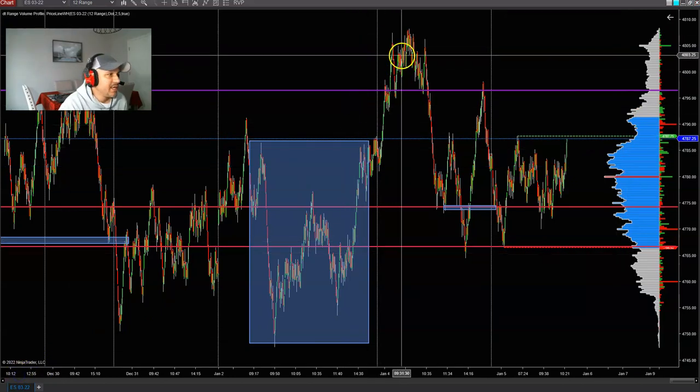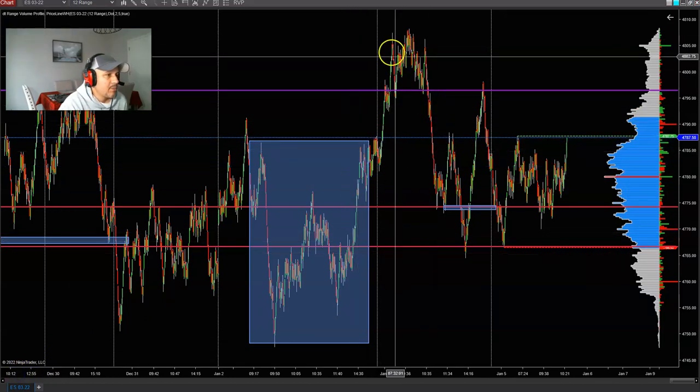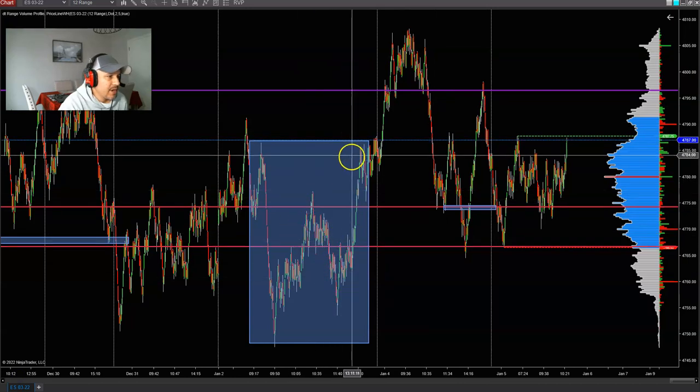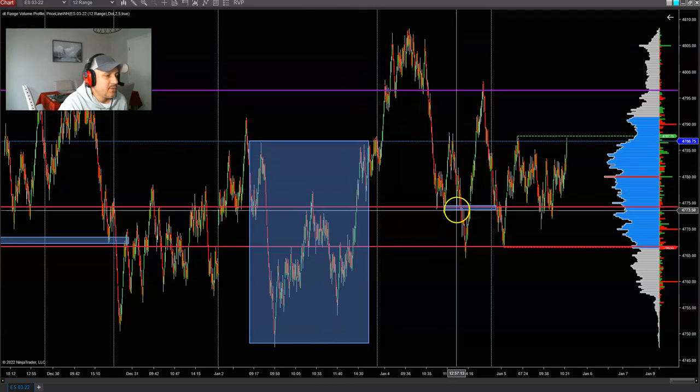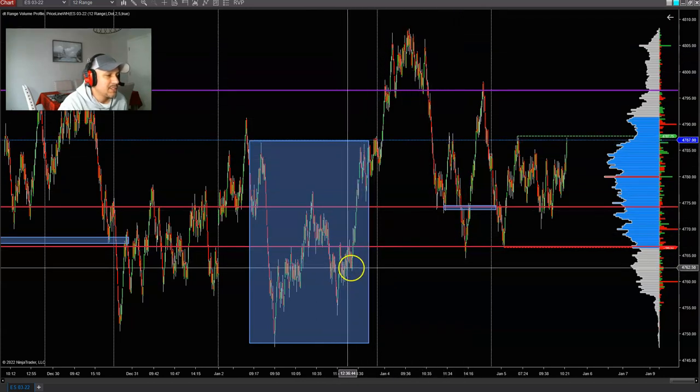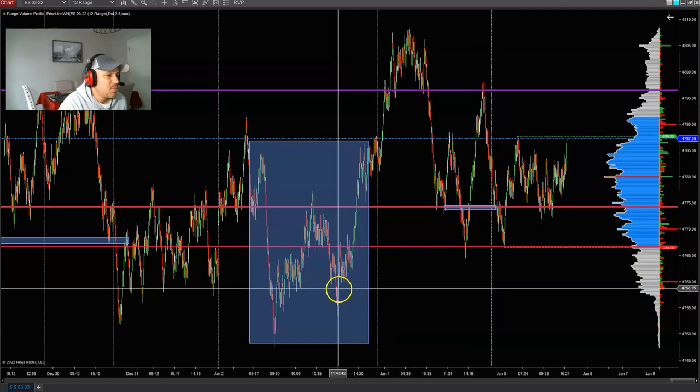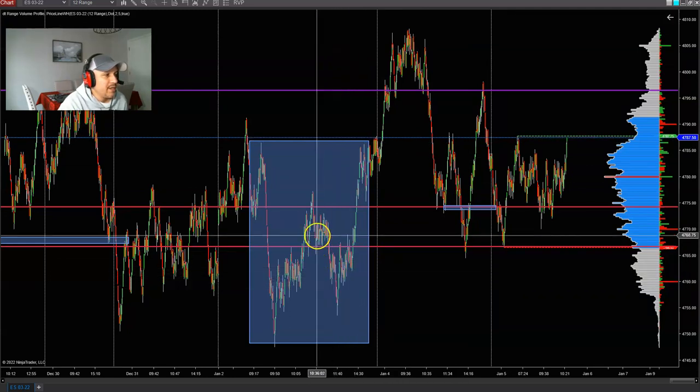So when you're looking for a long, say when price pulls back, you see a level right here. You see that level, correct? Okay, this level right here. Naturally, what you want to do is look for areas for the price to pull back to where lots of buying took place, and that's primarily the lower end.